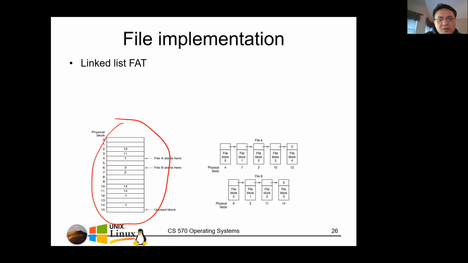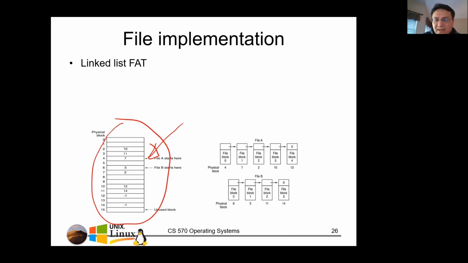So essentially you traverse this table in the memory, and that wouldn't be too bad. Sequential access, you just follow that chain of pointers.